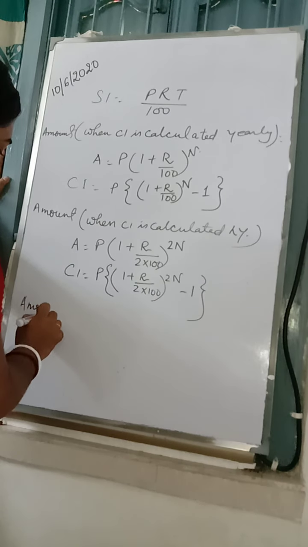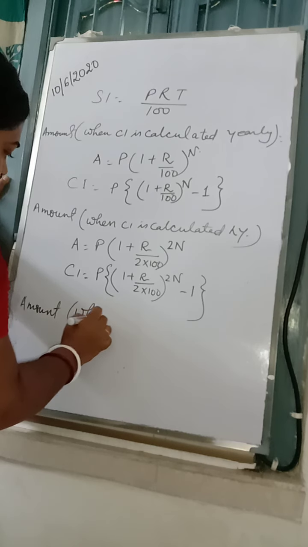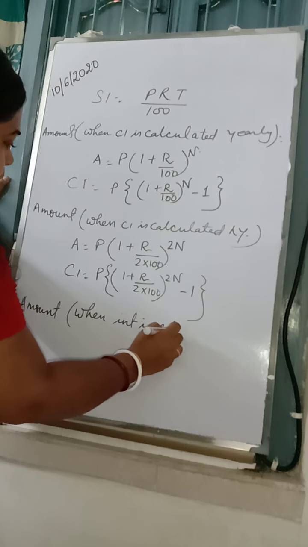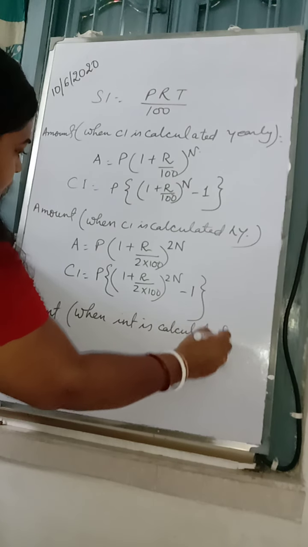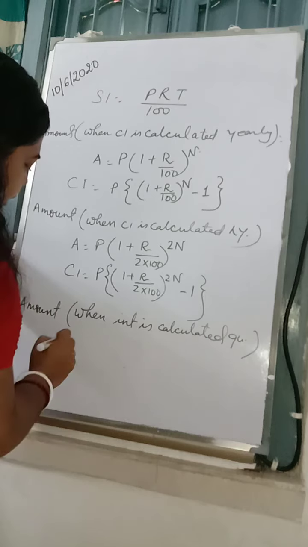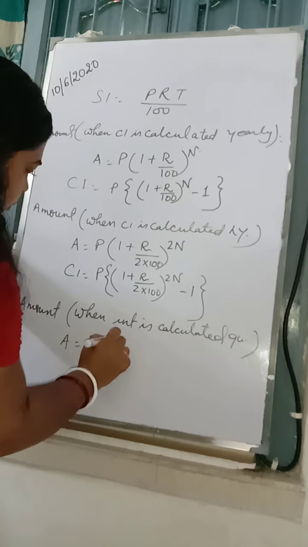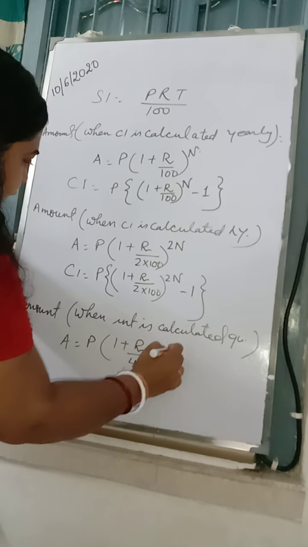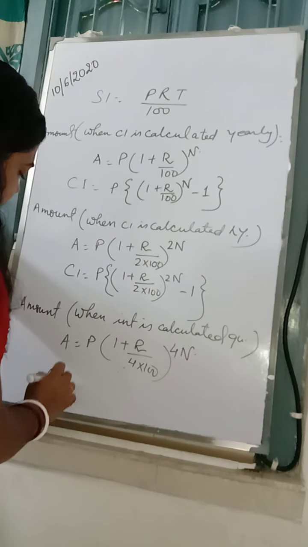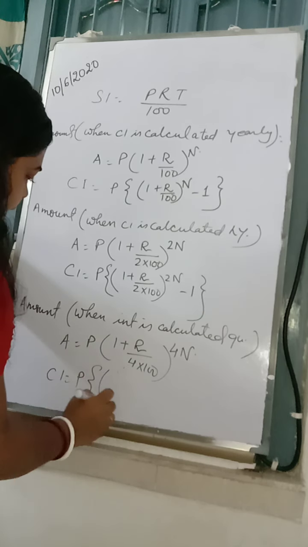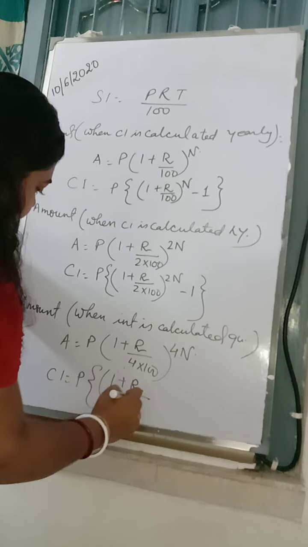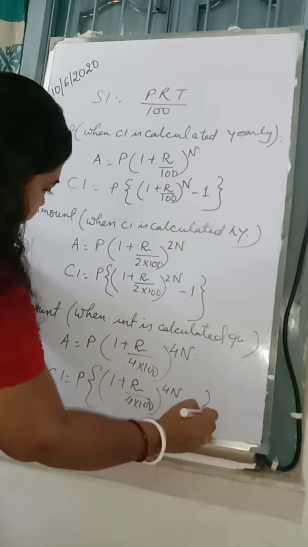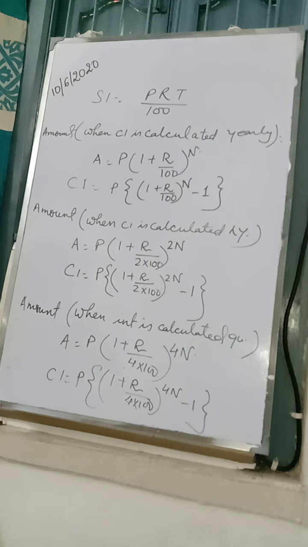Amount when interest is calculated quarterly, that is A is equal to P into 1 plus R by 4 into 100 to the power 4n, and CI is equal to P into 1 plus R by 4 into 100 to the power 4n minus 1. This is for the CI.